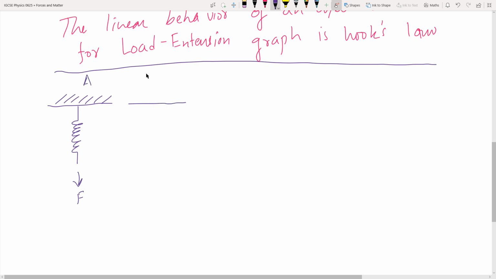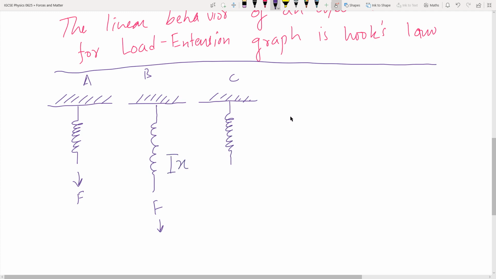This is A, this is B. So you would find that the spring is stretched a little bit, right? Under the action of the force, which is downward. But if you release it, it would get back to its original condition, right? Just like A. But this was extension X, right?